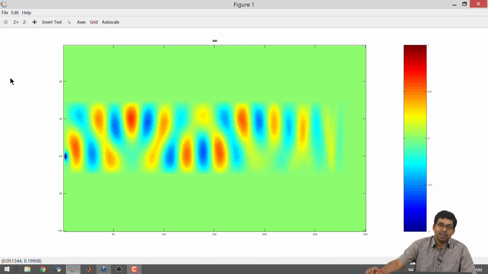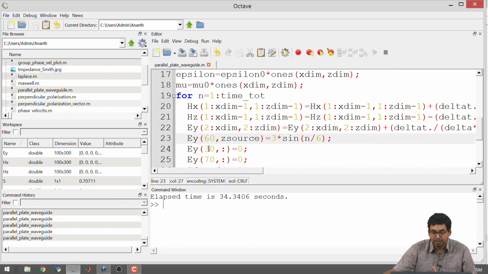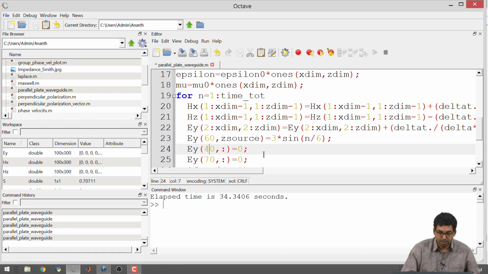Once again, we will do this for a slightly different configuration. I will reduce the waveguide width a little bit because this is overly exaggerated. So, I will just make it a little bit shorter, right, so that I can get my point across. Right.